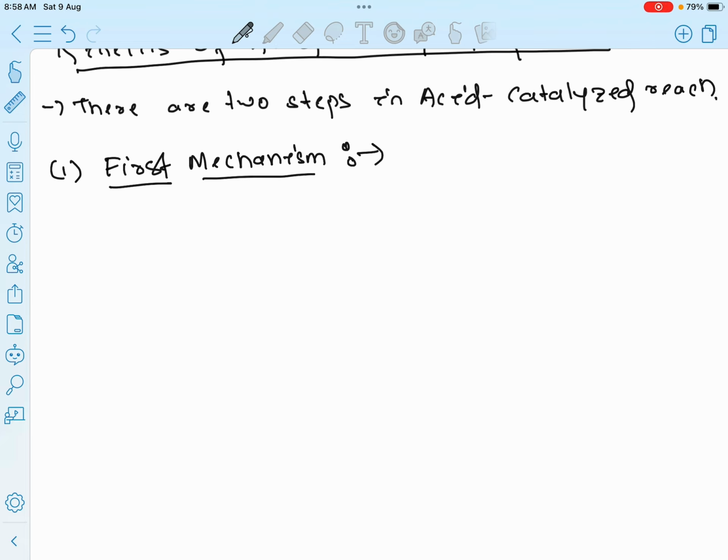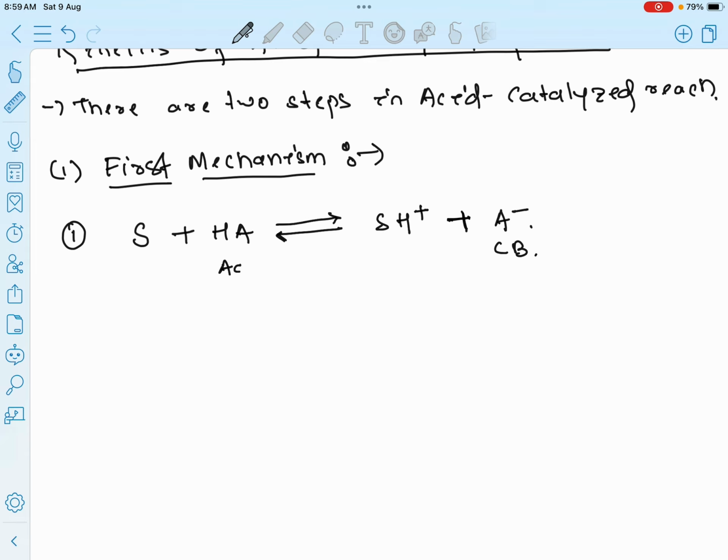So in the first step, the substrate molecule will be there, which can be an ester or a keto form, and it is receiving H plus from the acid. Now obviously there will be an equilibrium, and the substrate will receive the proton, the protonated substrate will be formed, and there will be release of the anion, which is the conjugate base.